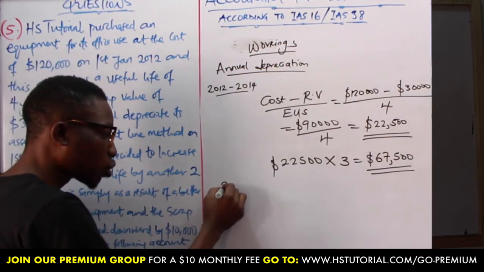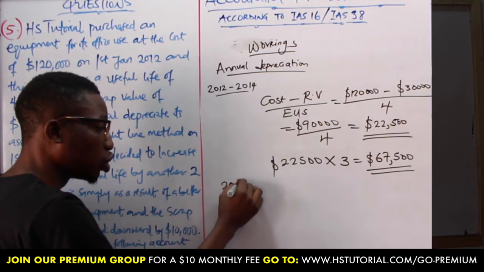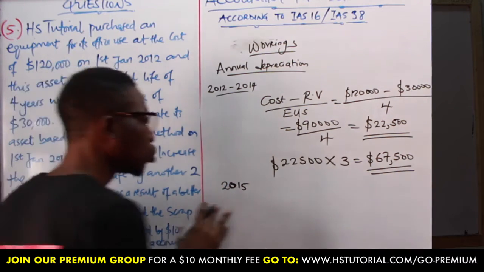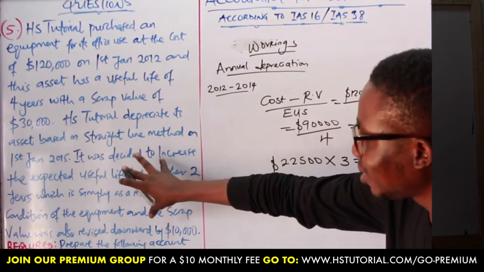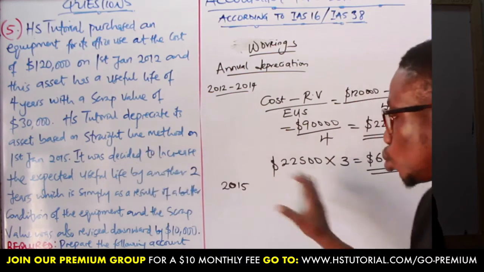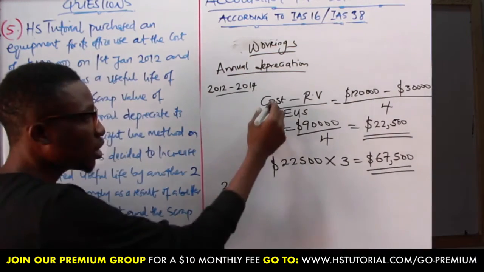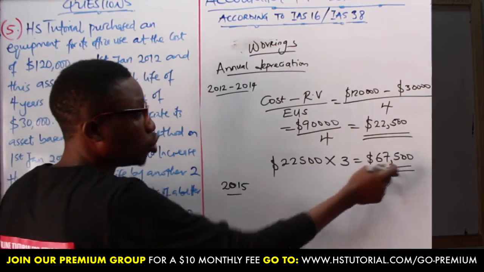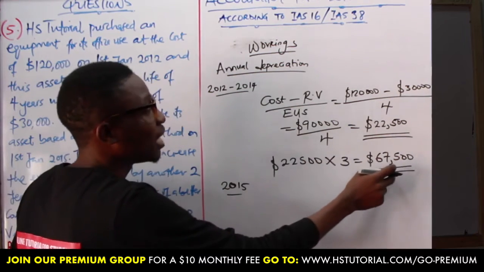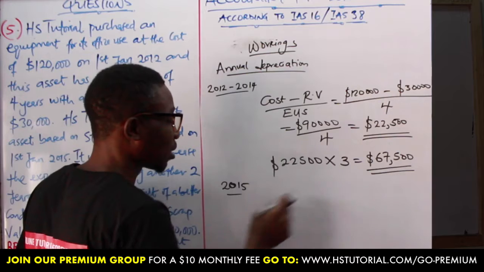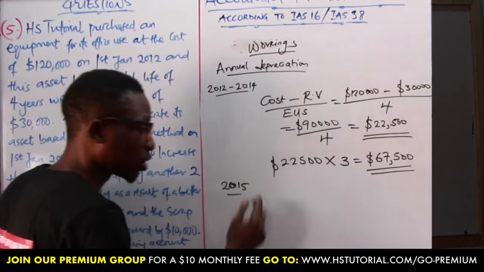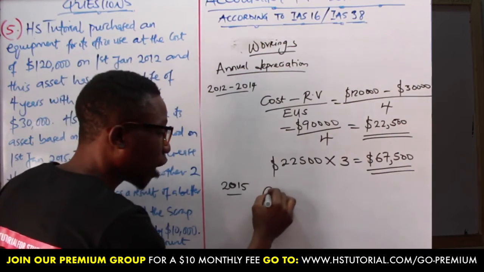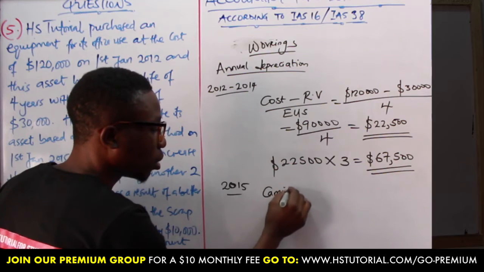So for you to get for the whole of 2015 now, what do you do? You have to use this revised question to solve it. What you will have at the end of this, as your carrying amount, will be your new carrying cost.